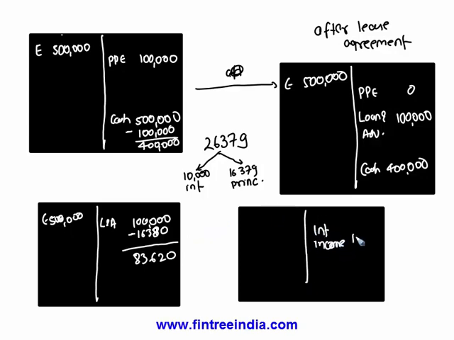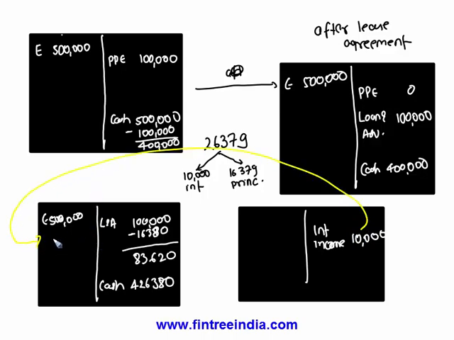That interest of 10,000 is an income. So interest income 10,000. And cash will increase by how much? The entire 26,379. So cash is 426,380. And that income eventually gets transferred where? Interest gets transferred as a part of equity.